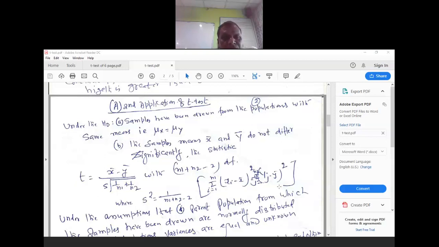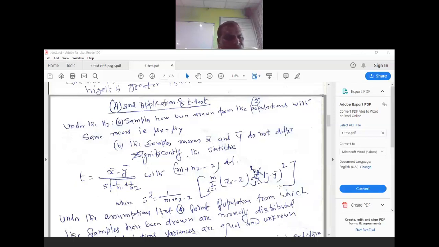Remember it, your H naught is mu x is equal to mu y. And what is the meaning of mu x is equal to mu y? That is, the sample means x bar and y bar do not differ significantly.